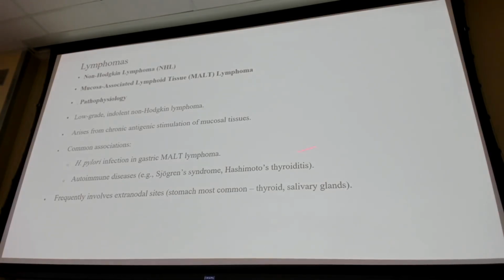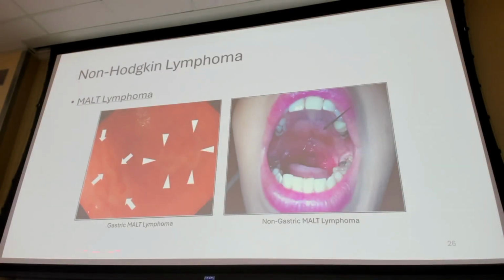And these autoimmune conditions, again, they just rear their ugly head all the time. What do we associate H. pylori with? GERD-type symptoms. So patients with H. pylori are put at risk for MALT. Non-gastric mucosal lymphoid tissue is the same there.